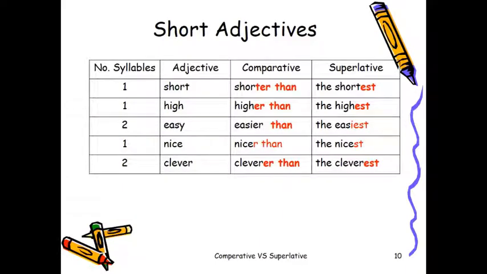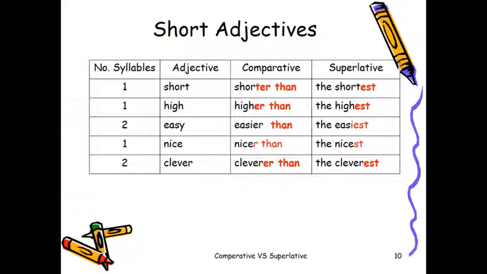In this slide, and even in the next one, you are going to see two tables with short adjectives and long adjectives. The first table refers to the short adjectives in the two forms, the comparative and the superlative.